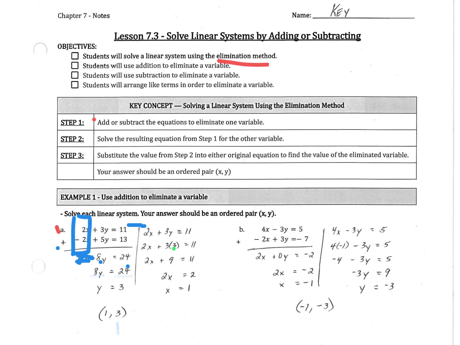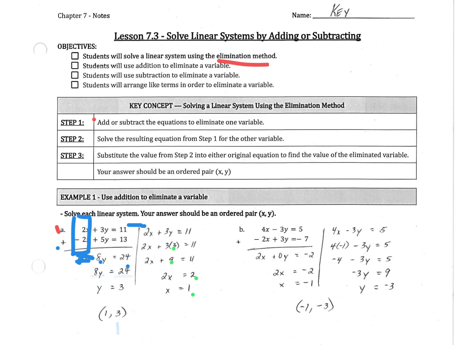So 3 times 3 equals 9. 2x plus 9 equals 11. If I subtract 9 on both sides, I now have 2 on the right side. And if I divide both sides by 2, I get 1. So I solved that equation after I plugged in 3, and I get this nice ordered pair, 1, 3.